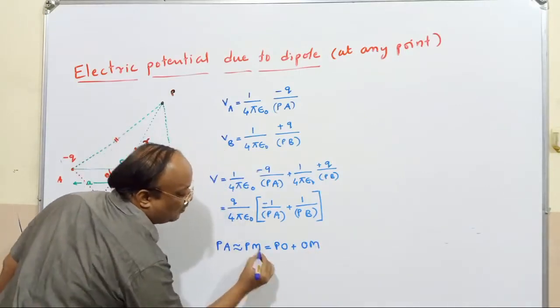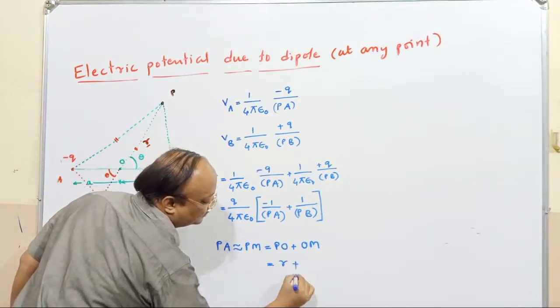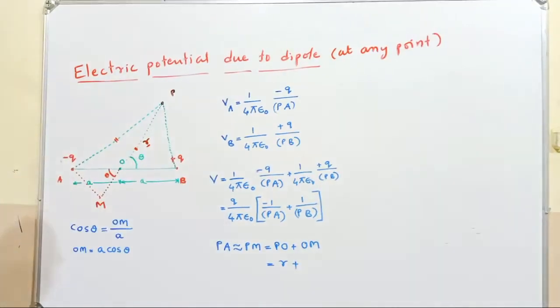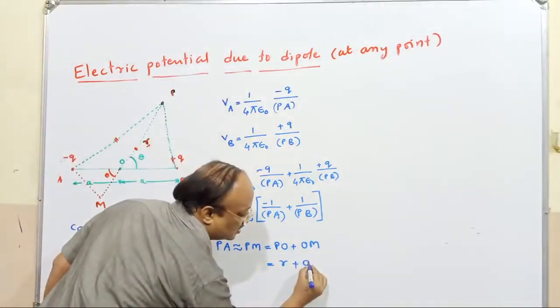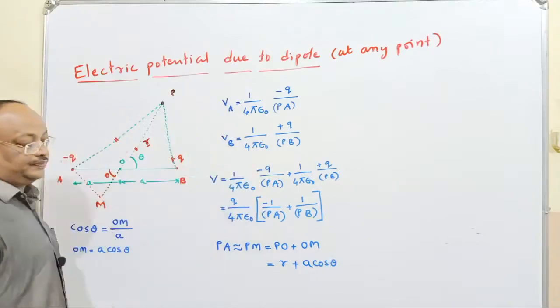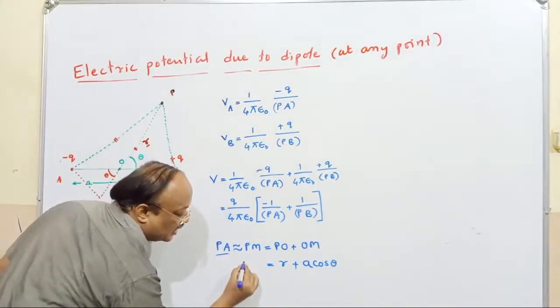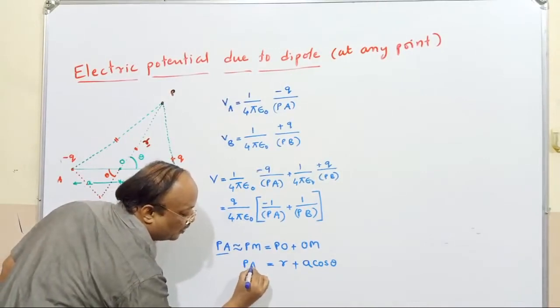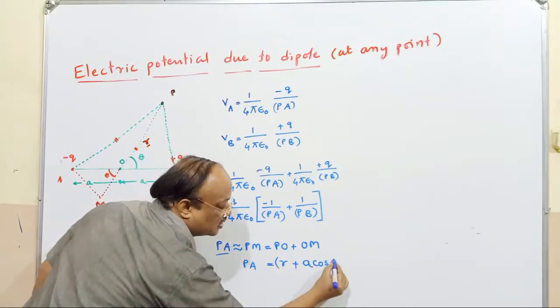What is PO? From here to here, it is r. What is OM? Just now we found it is a cos theta. So our PA value is r plus a cos theta.